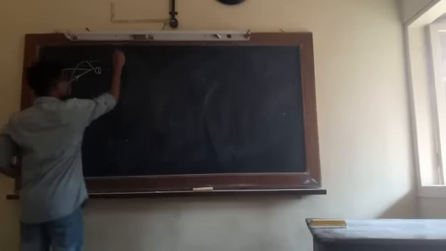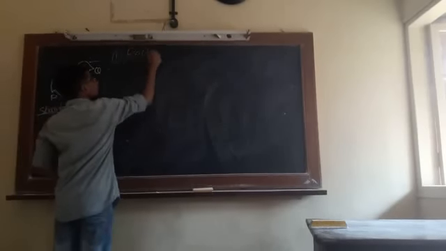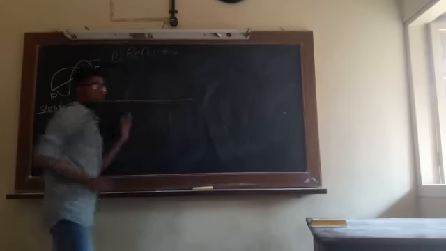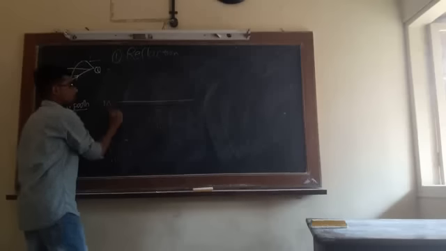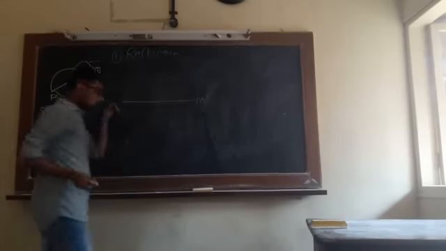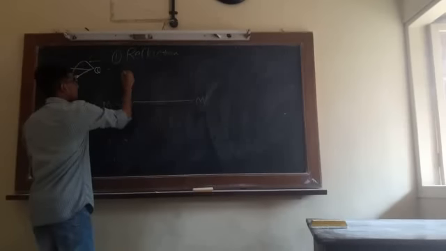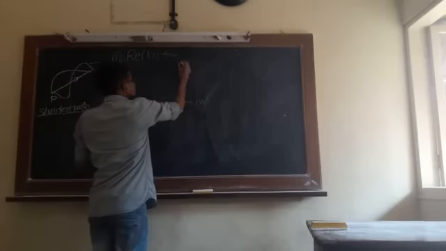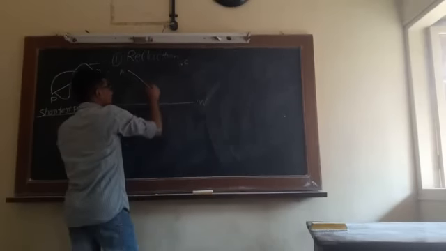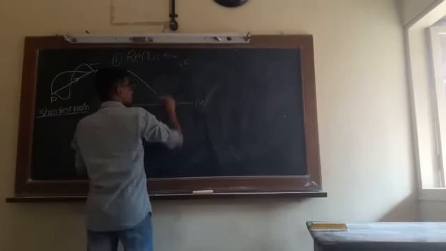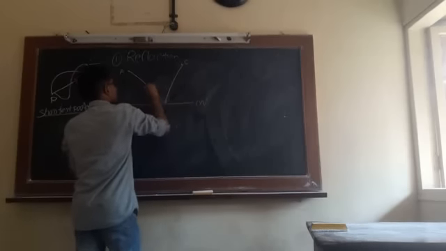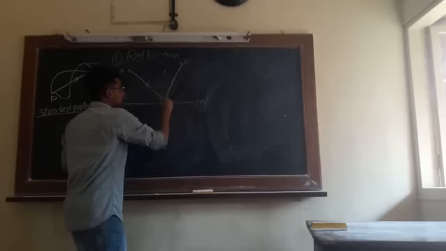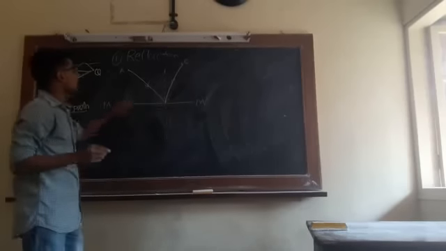So this is first reflection. This is the mirror, this is the surface. Suppose a ray of light is going from point A to point C by reflection. So it will obey the law of reflection.